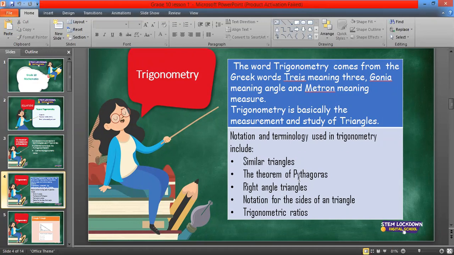But for the right angle triangle, we deal with the Pythagoras theorem and the trigonometric ratios.